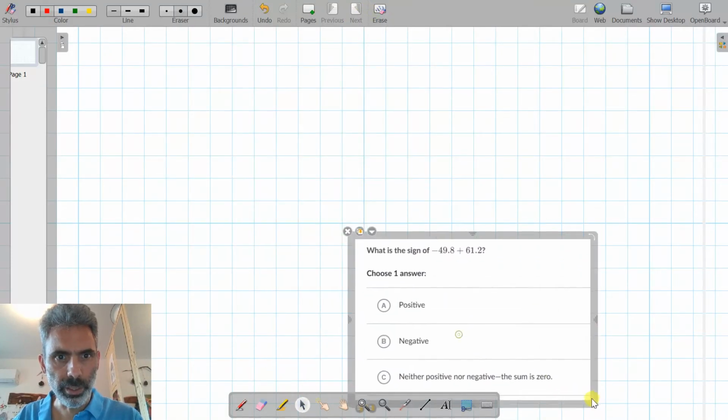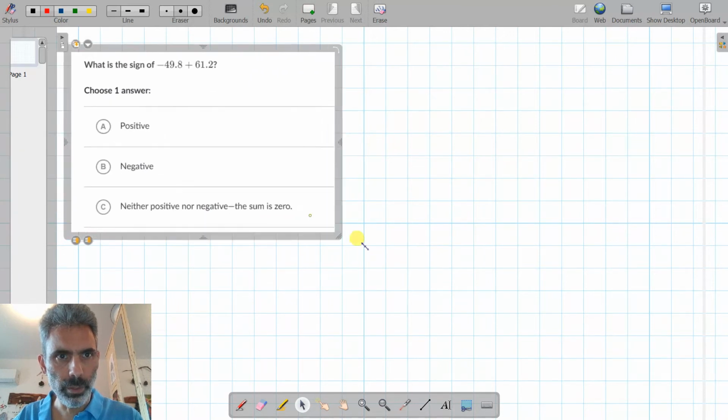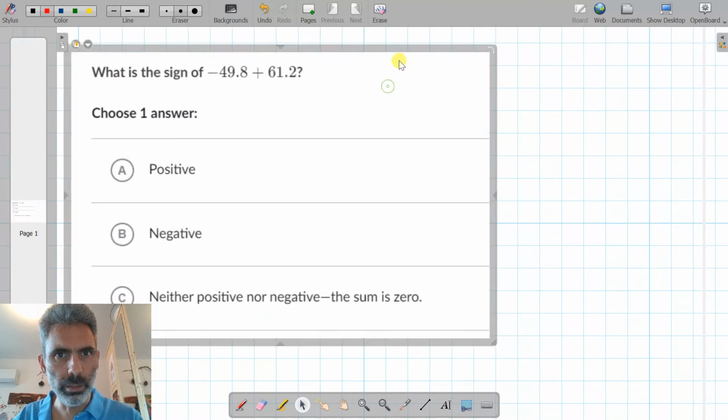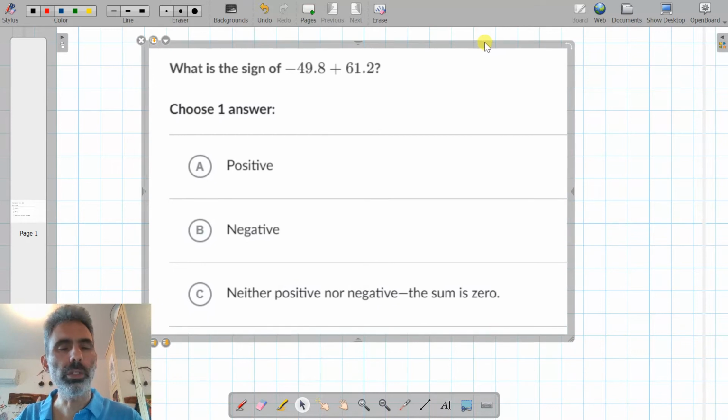What is the sign of negative 49.8 plus 61.2?